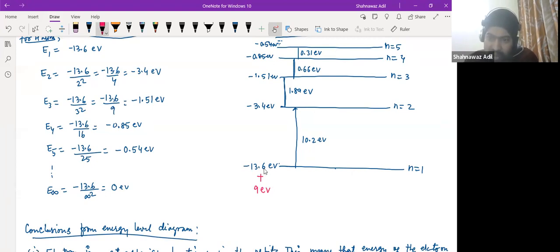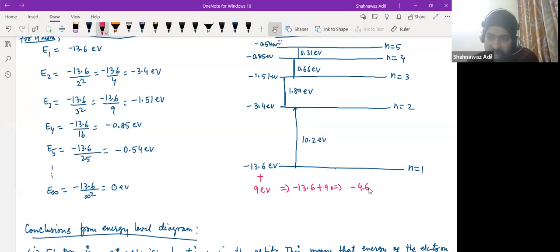So will this electron take this energy? Because if I give this energy to this electron, that would be minus 13.6 plus 9, which is minus 4.6.